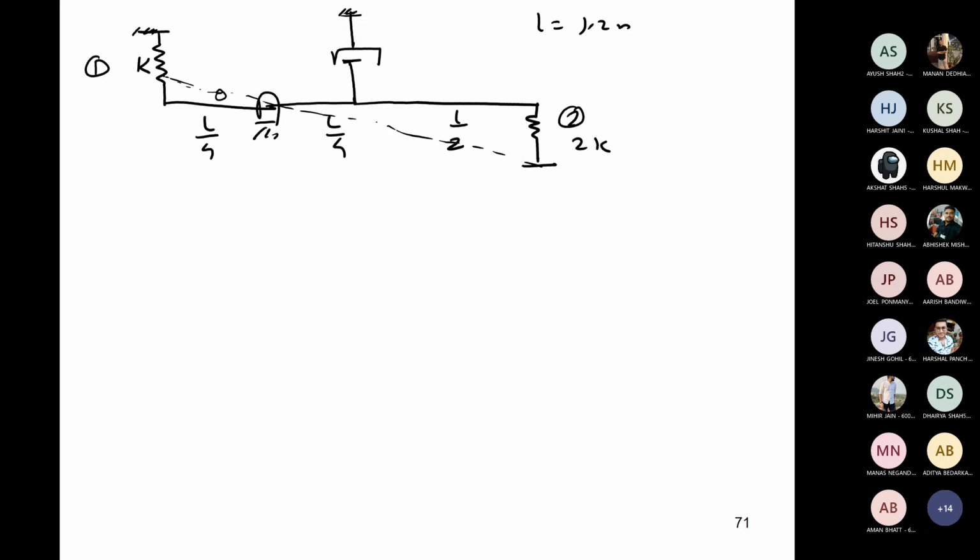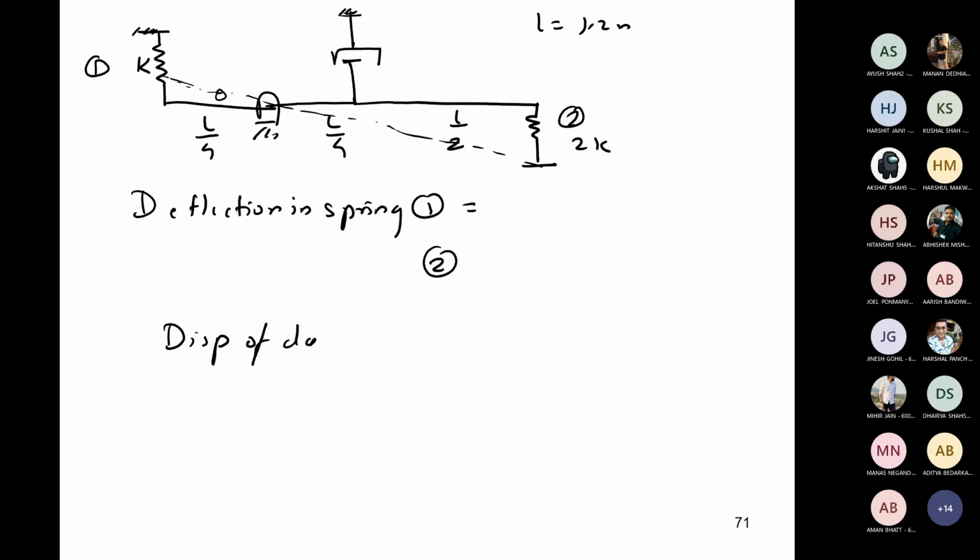Alright. So one by one let's write the deflections. Deflection in spring 1 will be L by 4 theta, correct?